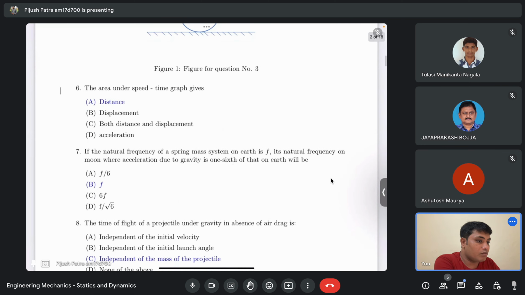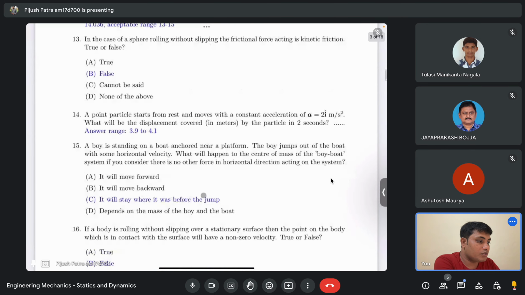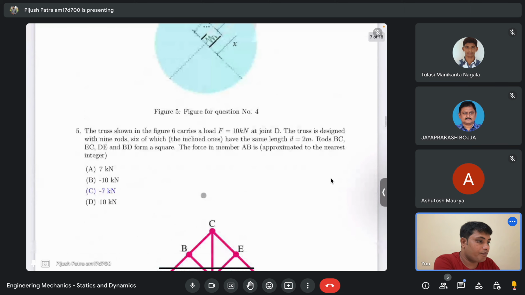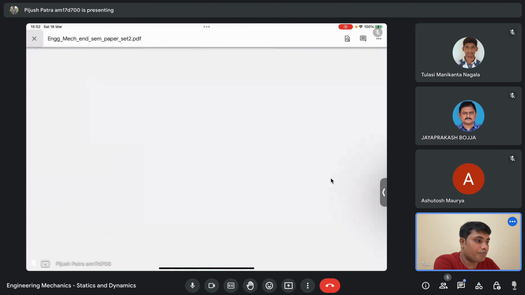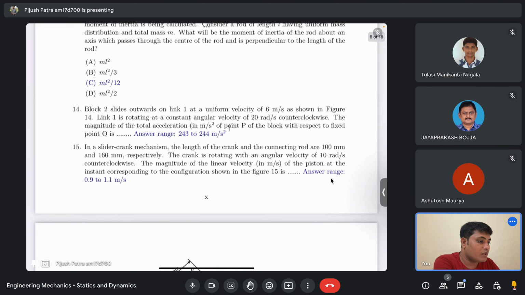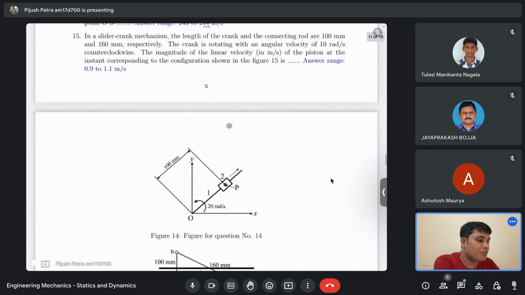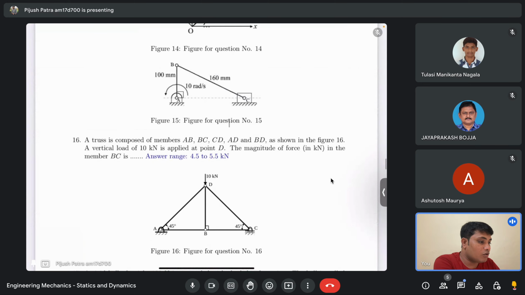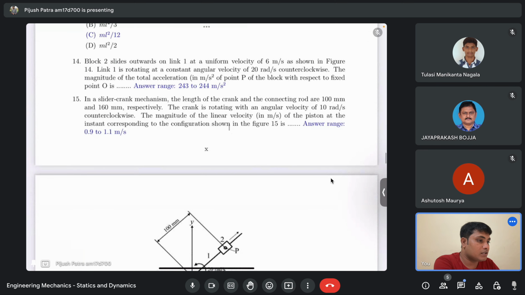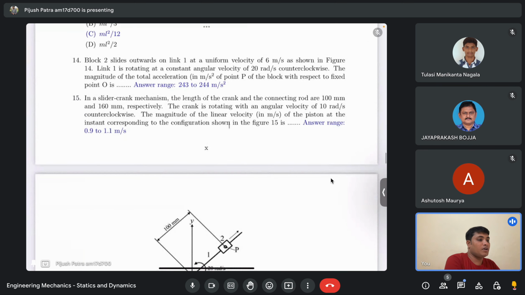Anyway, the other thing which I will do. Oh, okay, I'm getting the same question. So where is that? Yeah. So this is a question regarding the Coriolis component of the acceleration. Read question number 14.